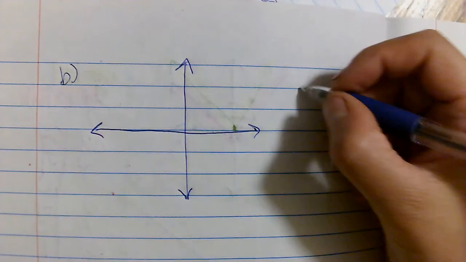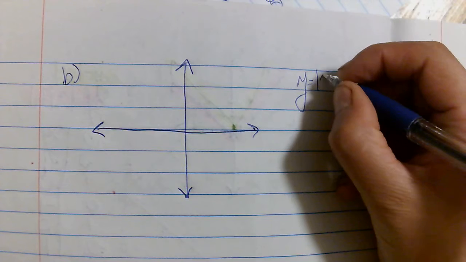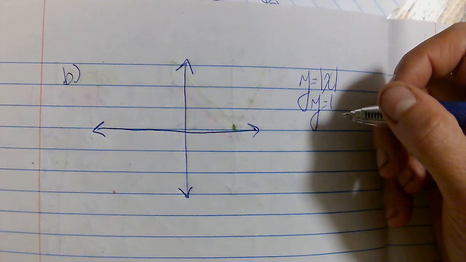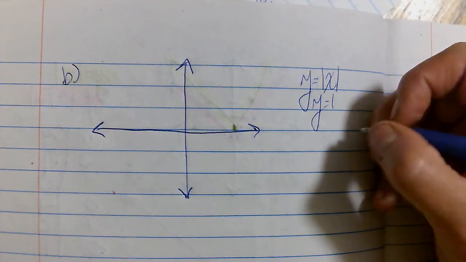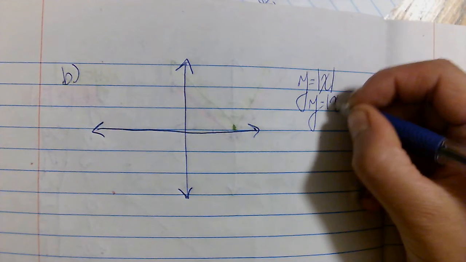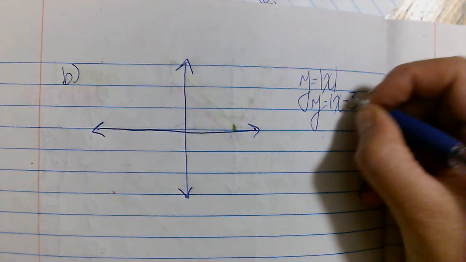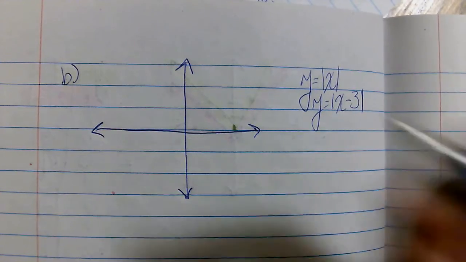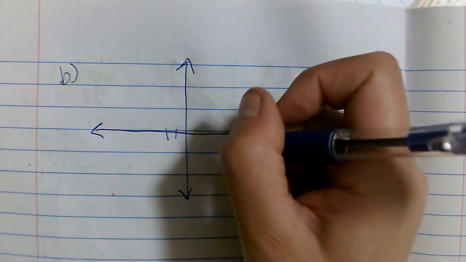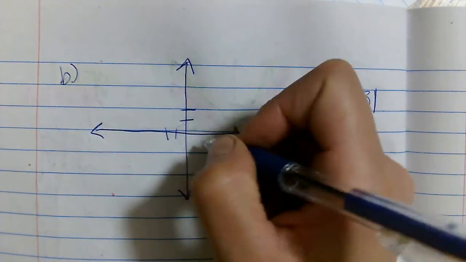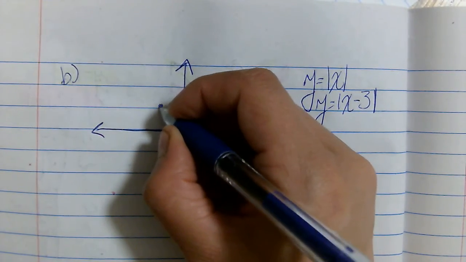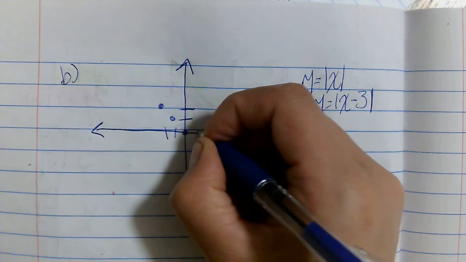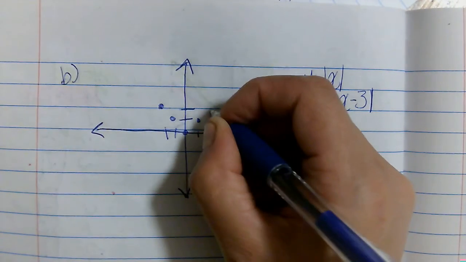And we're going to be plotting both our parent function and our new function, which is going to be y equals the absolute value of x minus 3. Let's go ahead and plot this guy first. And I'll put these in here. So it's negative 2, positive 2, negative 1, positive 1, 0, 0, 1, 1, and 2, 2.